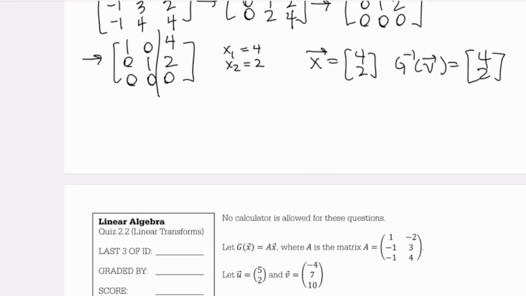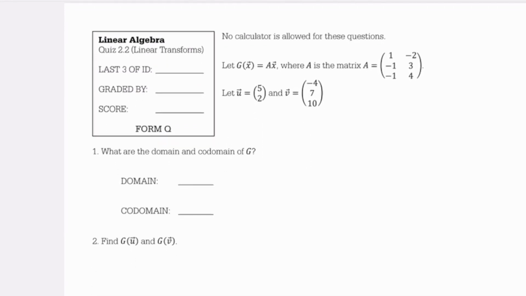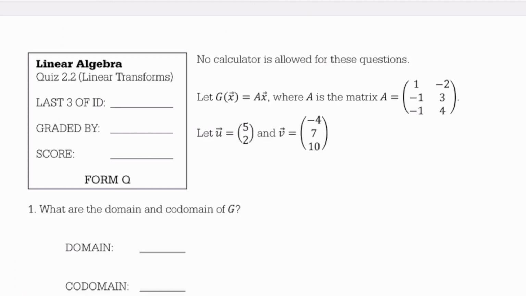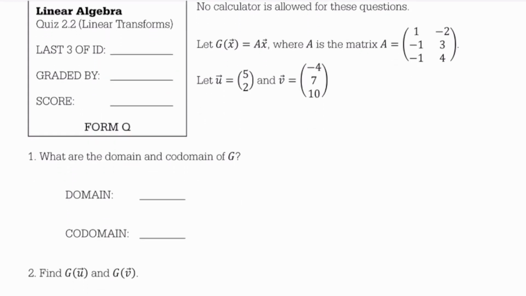All right. Okay, for form Q, it looks like this is kind of what was on the back side. Is this the exact same problem? No, it's not exactly the same, so I'll do it. g of x equals A times x, where A is a 3 by 2 matrix. What are the domain and codomain of g? Let me make a little illustration.